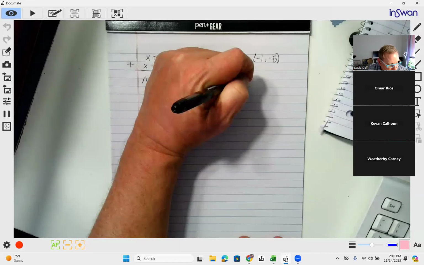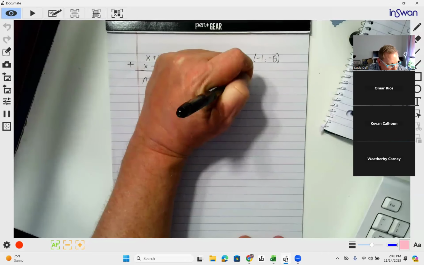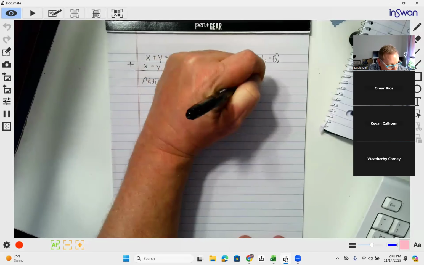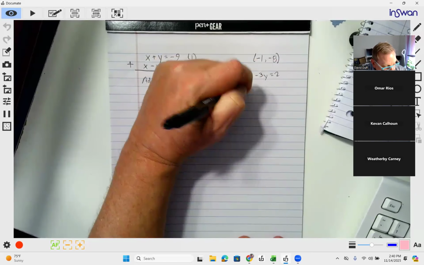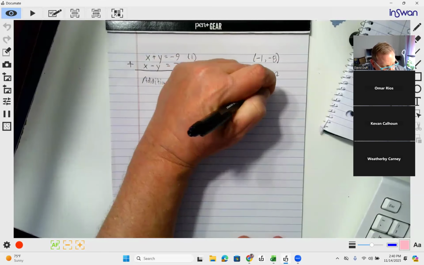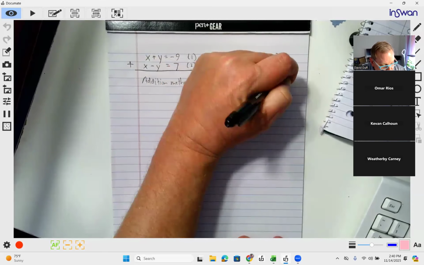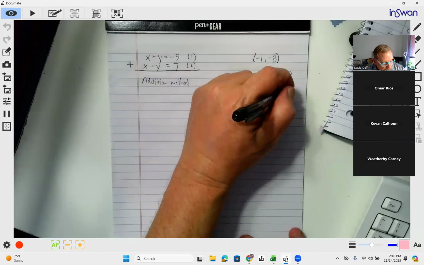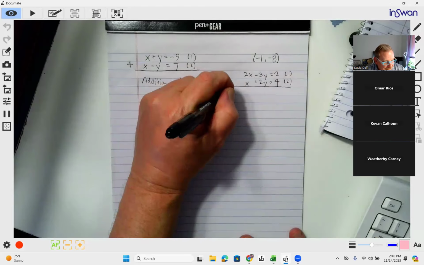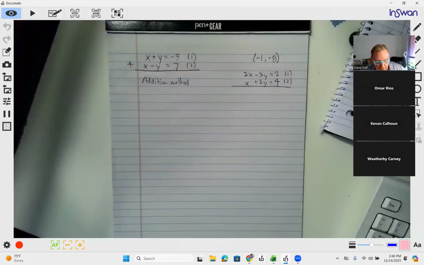Let's say, for instance, I'm going to make something up, and I'm not going to solve it. Here's a new system that I just made up on the right-hand side. If I add these together, will a variable cancel out? No, it will not.